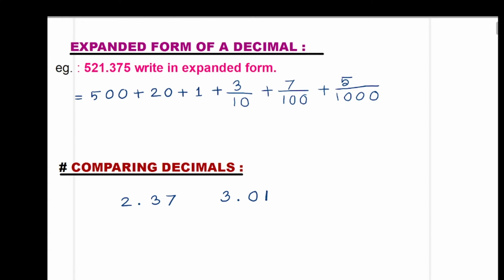So first of all we have to compare the integral part. That means before the decimal we have to compare. Now see, it is 2 point and here it is 3 point. 2 is smaller than 3. That means the whole decimal number is less than 3.01.